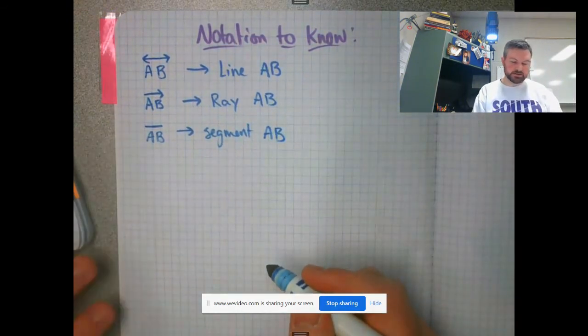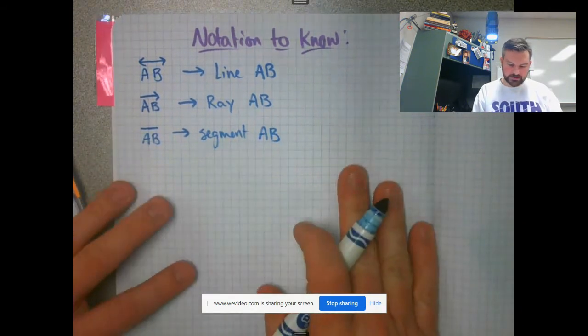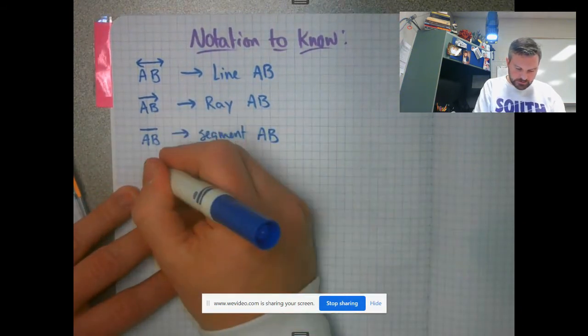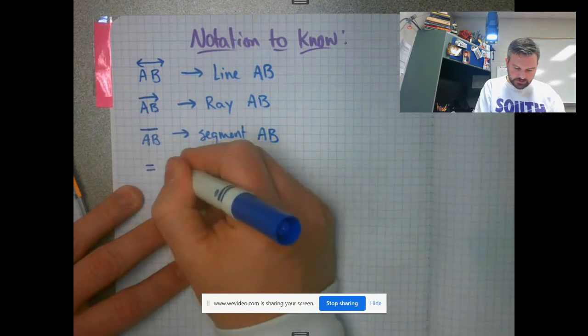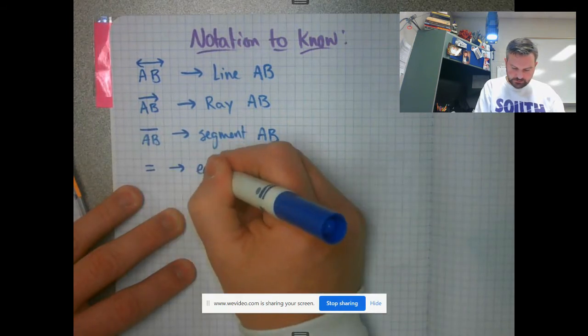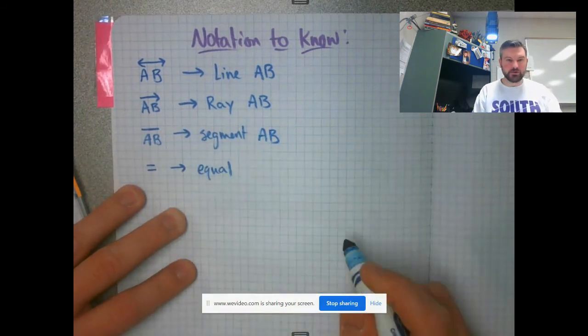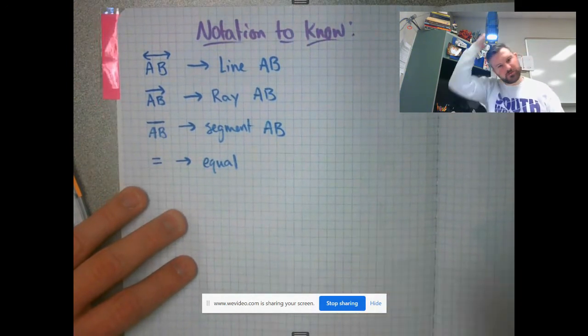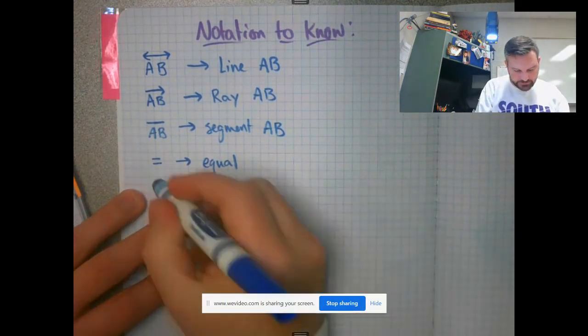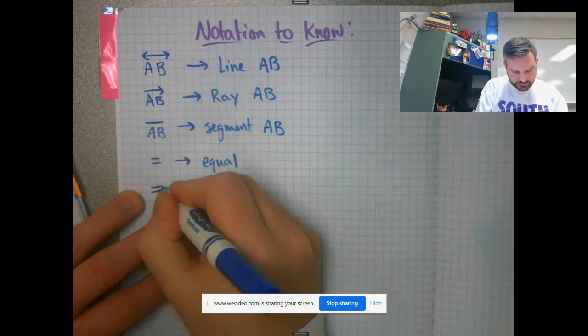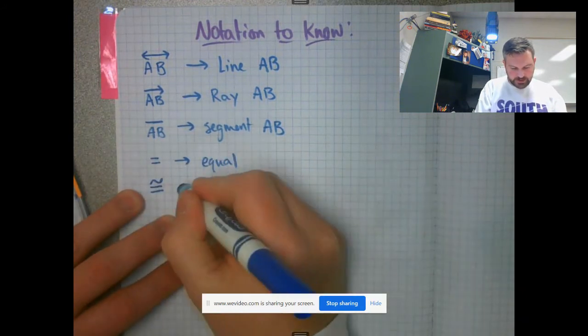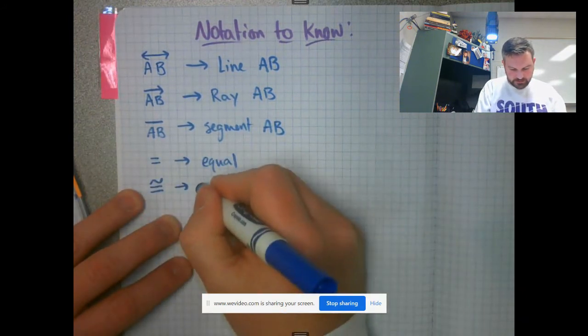Okay, then we're going to get into some things that we haven't necessarily talked about. You know what that symbol is. That means equal. We have a symbol very similar to that, and that symbol looks like that, and it means congruent.